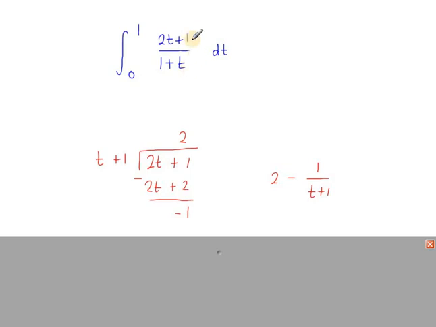I've done some division of polynomials at this stage. So 2t plus 1 is the dividend and the divisor is t plus 1. Make sure the terms are in the correct order. Do your division. The quotient goes here, plus the remainder there over the divisor. So this fraction simplifies to this, and we can now integrate.